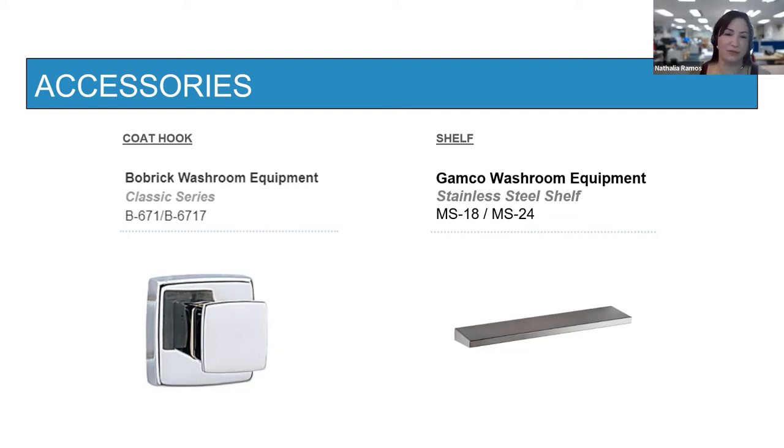All of the other Bobrick shelves protrude more than 110 millimeters from the wall. So Genko would be the only option right now complying to the OBC.